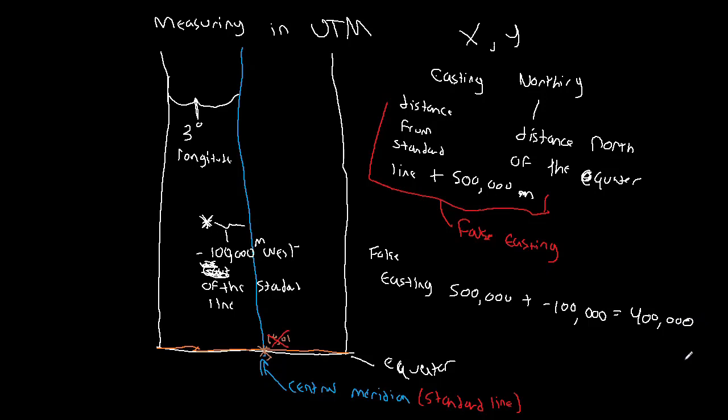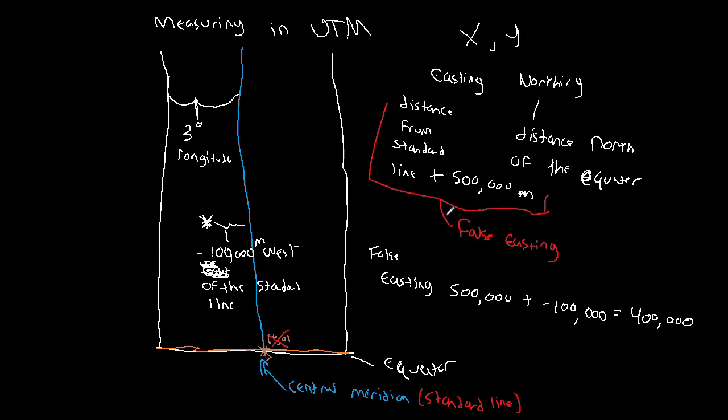Hopefully that makes sense. The reason this is called an easting is because we're measuring east to west direction, and all coordinate systems, projected coordinate systems, are going to have an x and a y, or an easting and a northing. With UTM specifically, we call it an easting because that's the generic term.